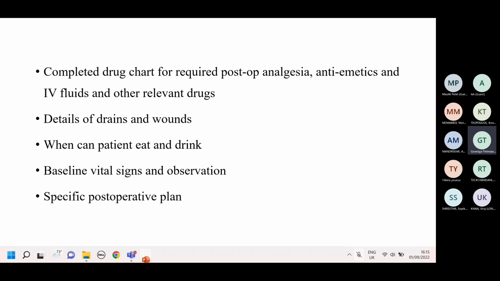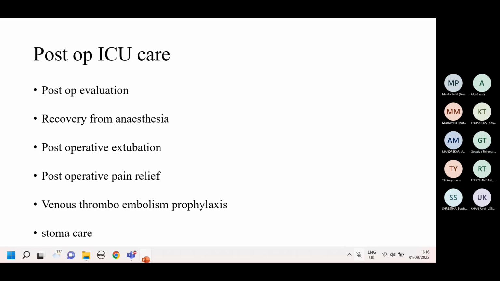Or for tracheoplasty or something, we keep them deeply sedated. So those are specific post-operative plans, and sometimes they may go for relook laparotomy. You have to make sure whether there is any specific post-operative plan. And yes, next slide.